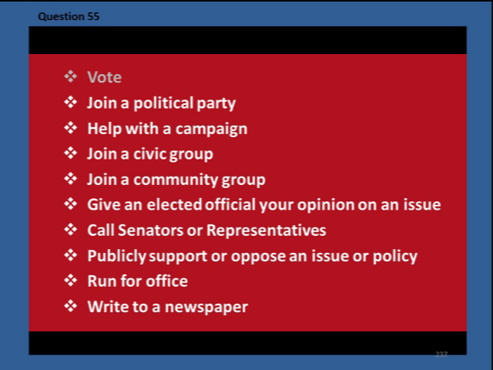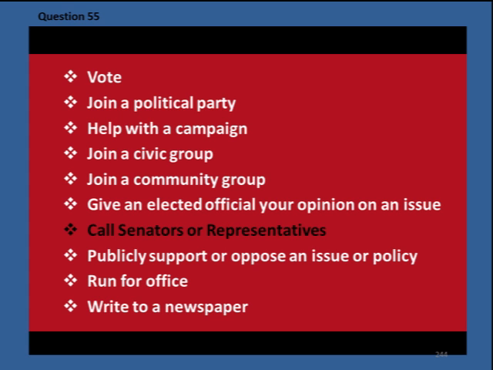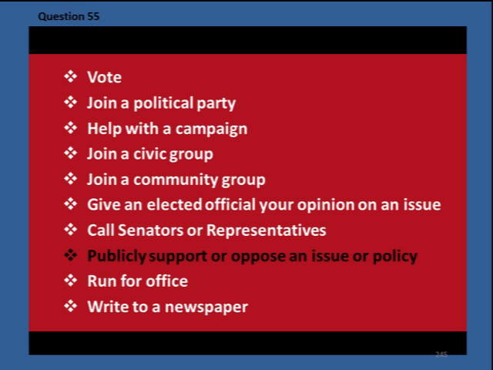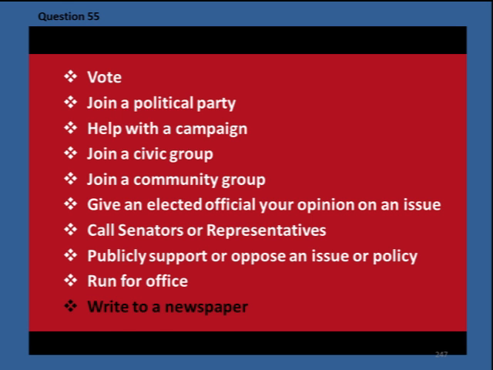Americans can vote, join a political party, help with a campaign, join a civic group, join a community group, give an elected official your opinion on an issue, call senators and representatives, publicly support or oppose an issue or policy, run for office, and write to a newspaper.